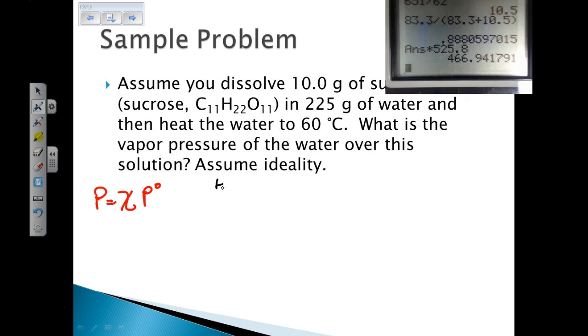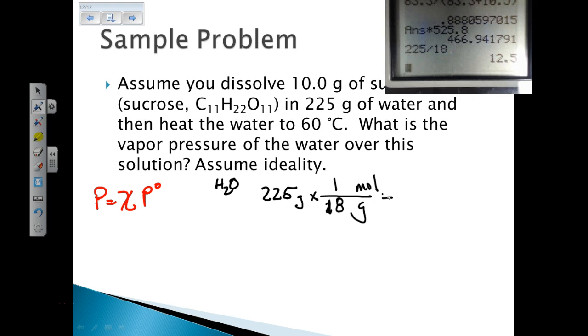Water is a little easier than sugar, because most of us by now know what the molar mass of water is. It's 225 grams, with grams on the bottom, moles on the top, for every 1 mole equal to 18 grams. And so this is going to be 225 divided by 18, and that answer is 12.5.